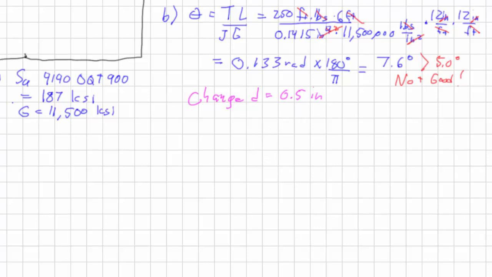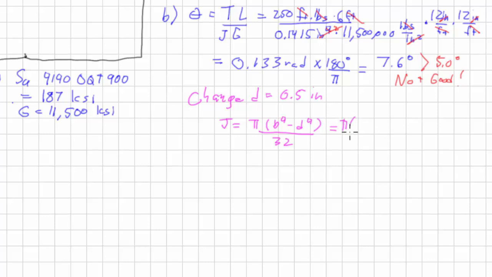So that is going to change J. J equals pi times D to the 4th minus d to the 4th, all over 32.